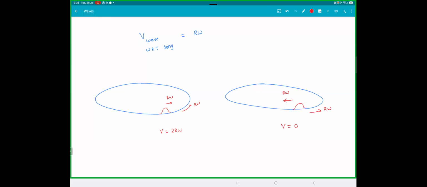It will feel the bump is at rest. You're getting it? So the pulse will remain stationary in the ground frame. Since they didn't tell you which way, both are right answers, depending on which way the pulse is traveling. So be careful with that.